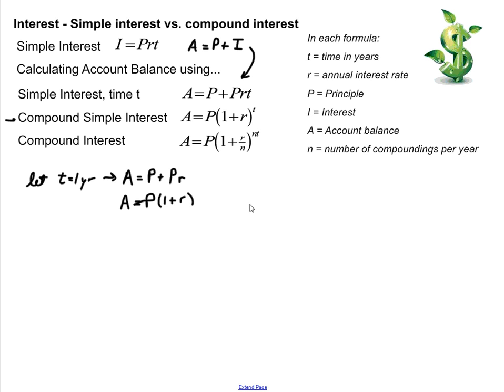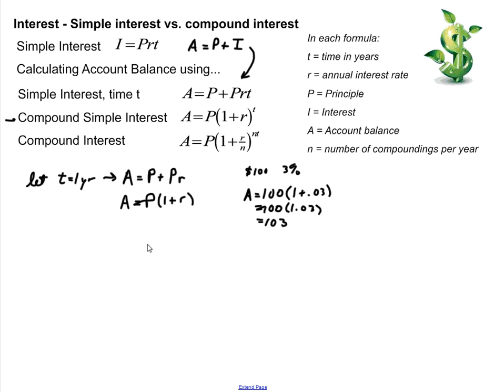So if I put in $100 at 3% annual interest, my account balance would be equal to that $100 times 1 plus 0.03. We put that in decimal form all the time. That's 100 times 1.03. And so our account balance at the end of that 1 year, if we just earned simple interest, would be $103.